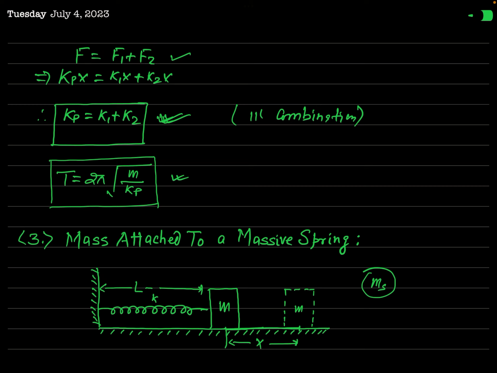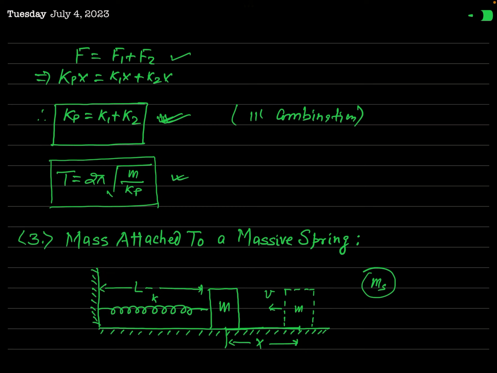Actually, when this block is displaced by x and released, this block will be acted upon by the spring force and it will move toward the equilibrium position. Let us consider that when the displacement is x at time t, this mass m acquires a velocity v. So this mass will have kinetic energy.